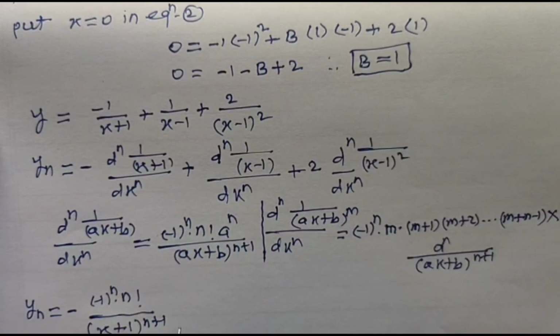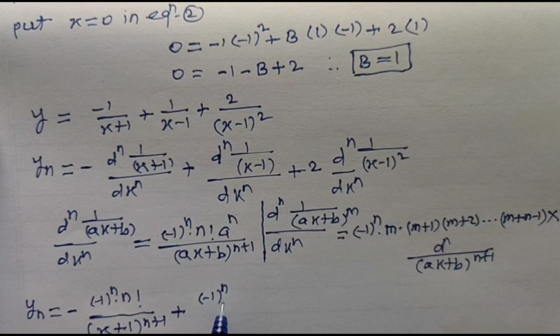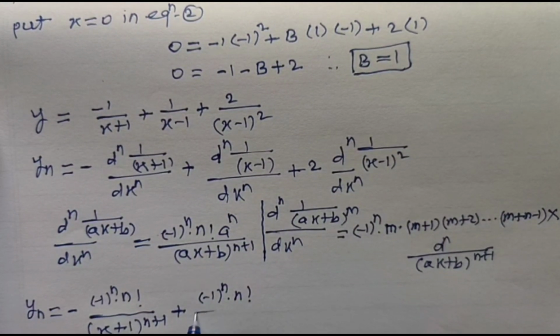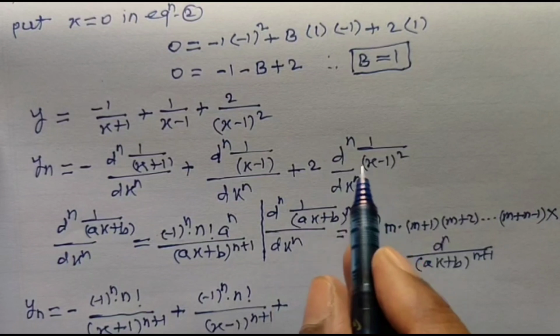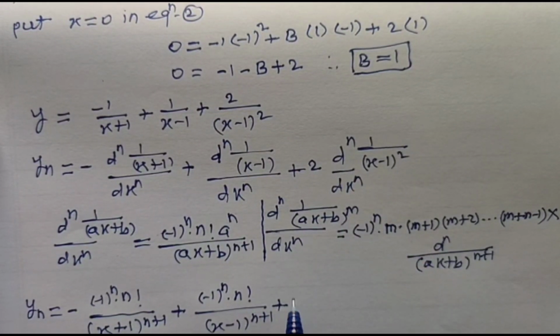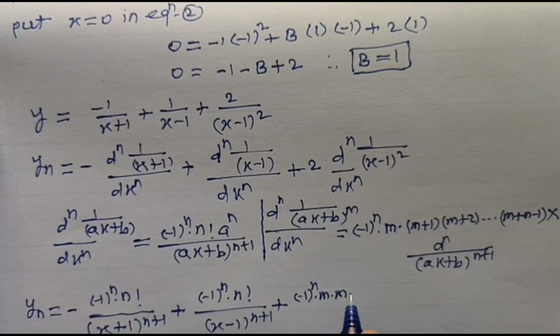Okay. Plus now nth derivative of this: minus 1 to the power n factorial divided by (x minus 1) to the power n plus 1, plus nth derivative of this by using this formula: minus 1 to the power n, m into (m plus 1).